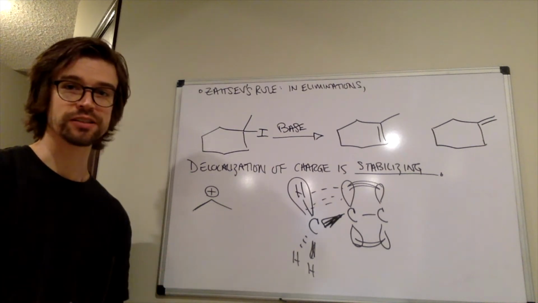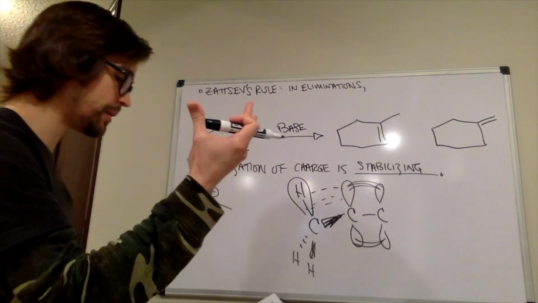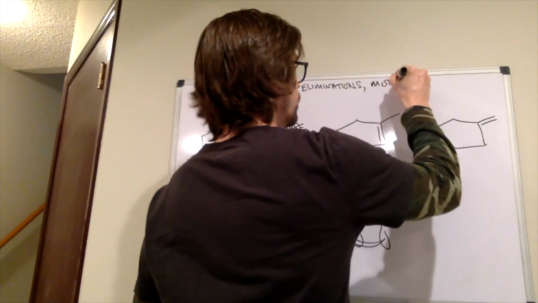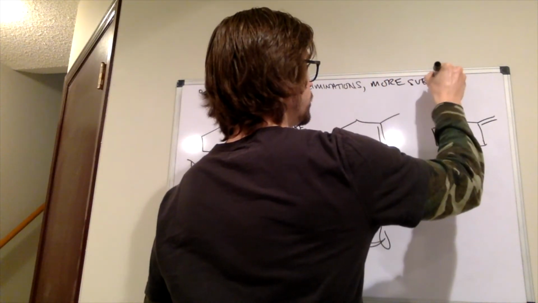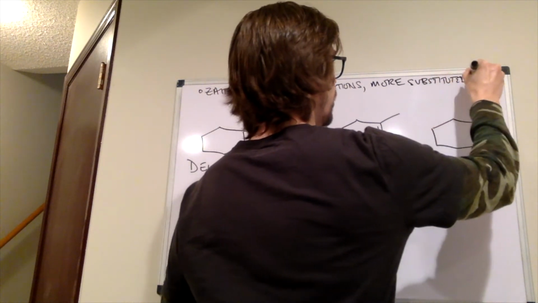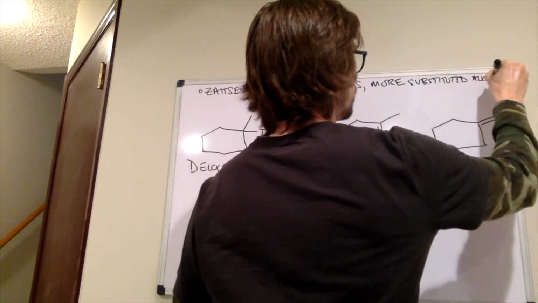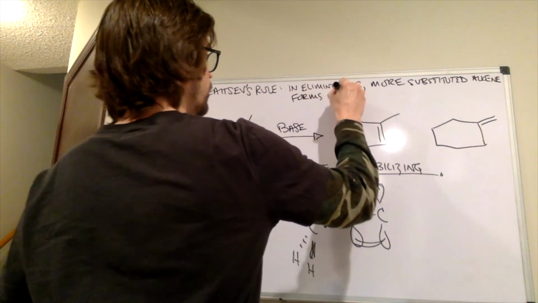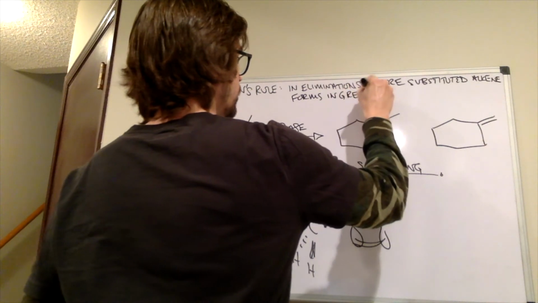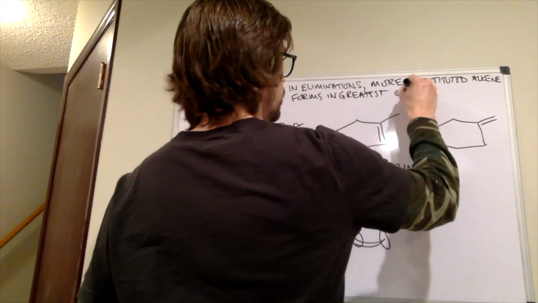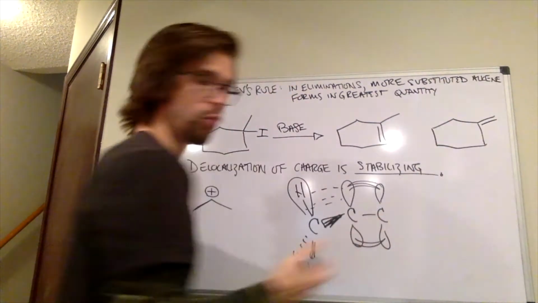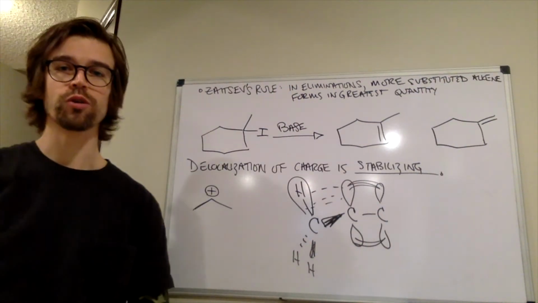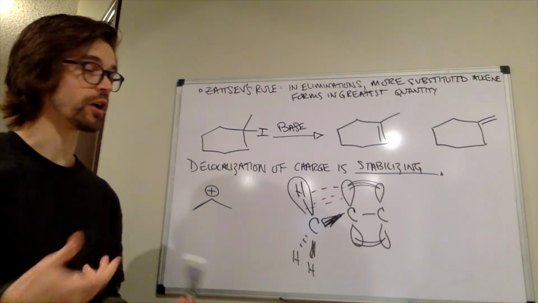He was running reactions, and they noted that in eliminations, the more substituted alkene forms in the greatest quantity. At that point, they really had no idea why that would be. Why is the more substituted alkene forming in a greater quantity?